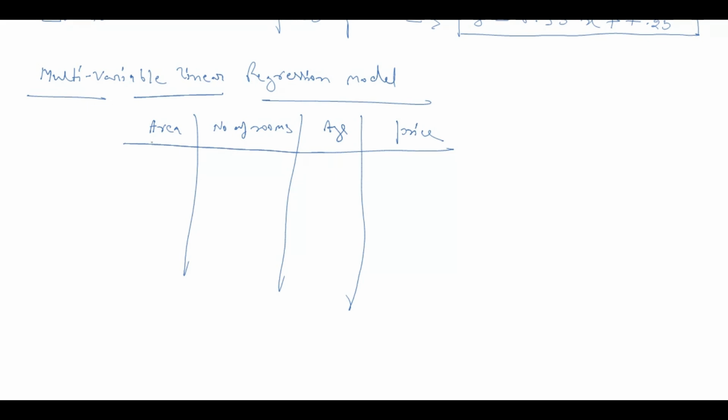Let's take any random values. Suppose for 800 square feet of area which contains 2 rooms and which is 5 years old, the price is say 20 lakh. All this price is in lakh. For 1000 square feet of area containing say 3 rooms, 4 years of age, say the price is 23 lakh.